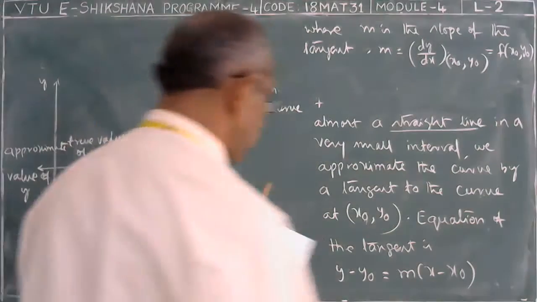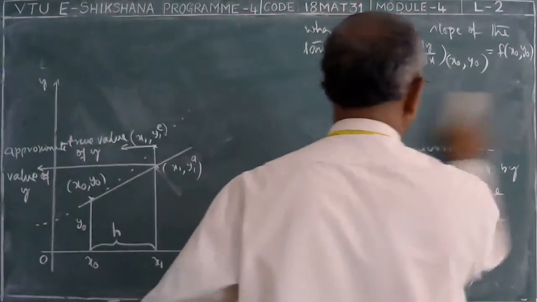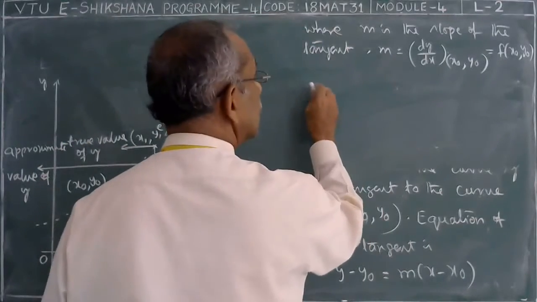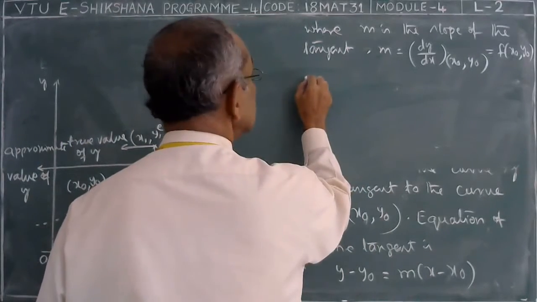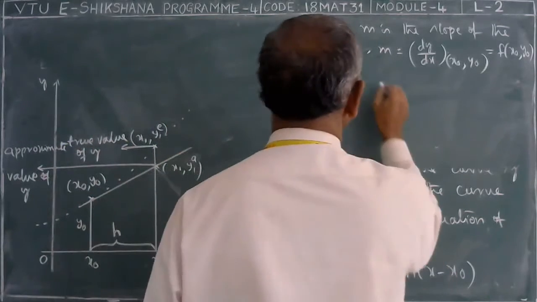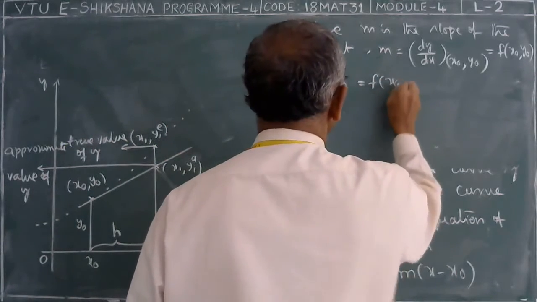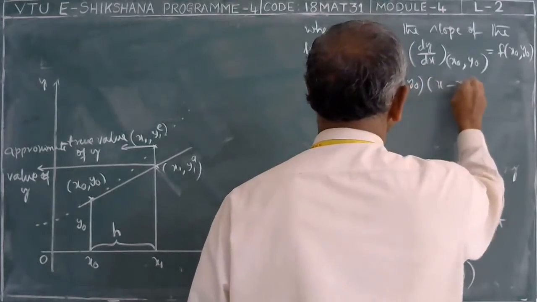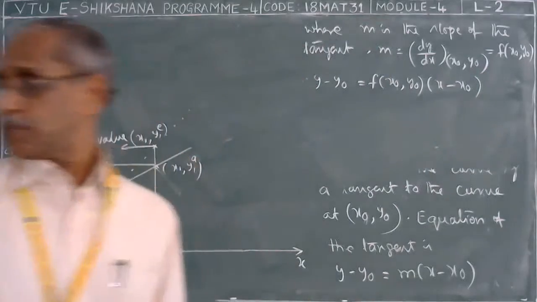Now substitute for m. So therefore, y minus y naught is equal to f of x naught comma y naught into x minus x naught.